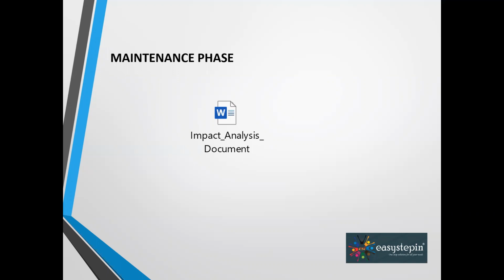Once the processes are stable, the team size will be ramped down and the maintenance phase will start. In the maintenance phase, there will be one or two members in the team supporting the project or maintaining the processes.